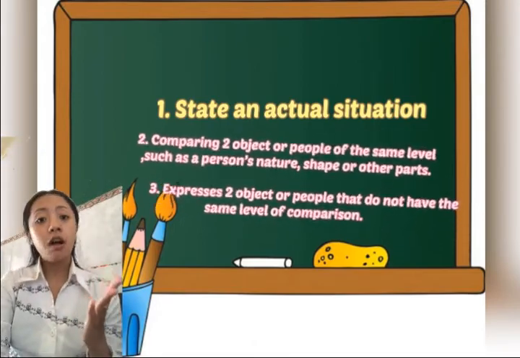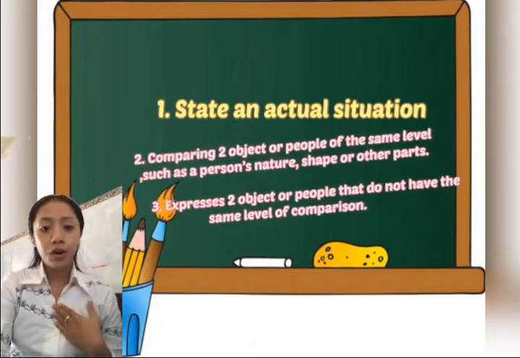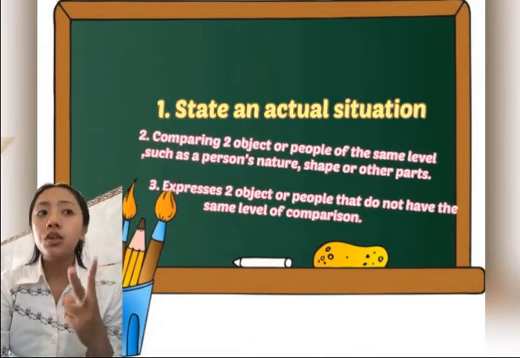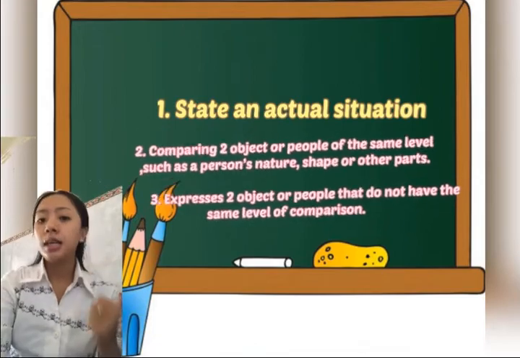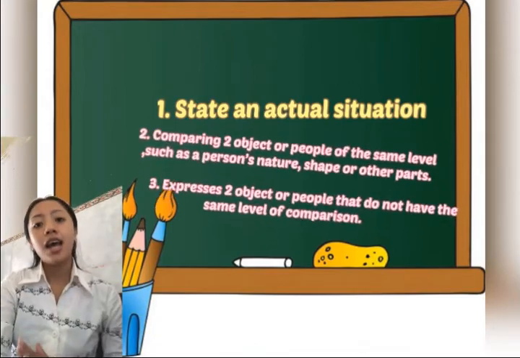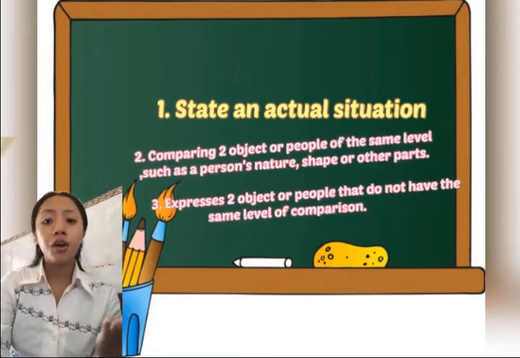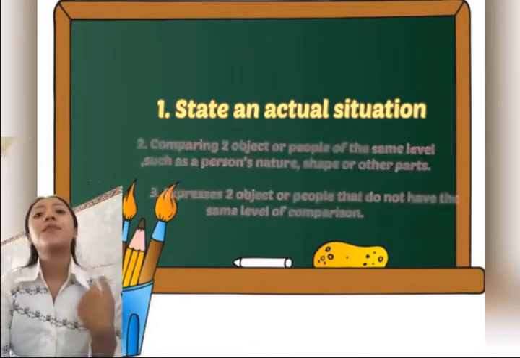The example is David is as tall as my brother. The third point expresses two objects or people that do not have the same level or comparison. The example is his ruler is not as black as yours.